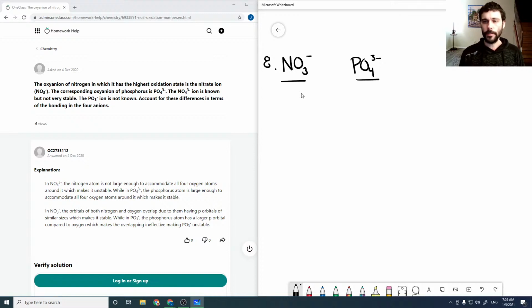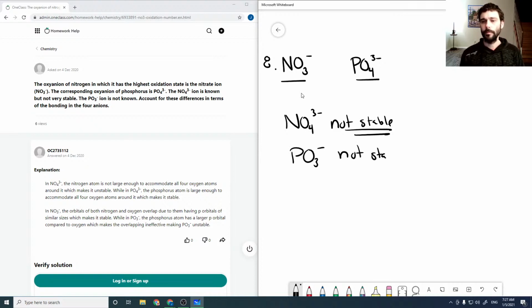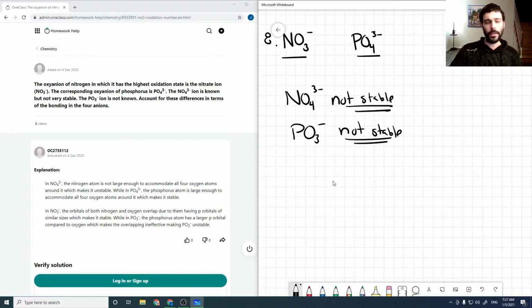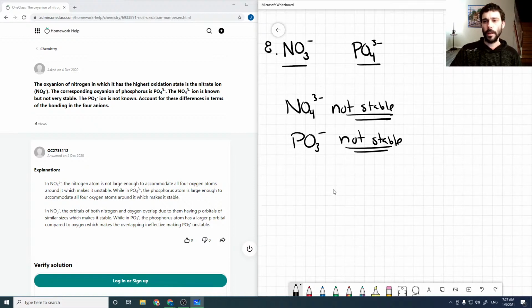As you can see, phosphorus has 4 oxygens around it, while nitrogen only has 3. The other thing is that NO4 3- is not stable, and PO3- is also not stable. And so we want to compare the bonding structure to look at why this would be the case.